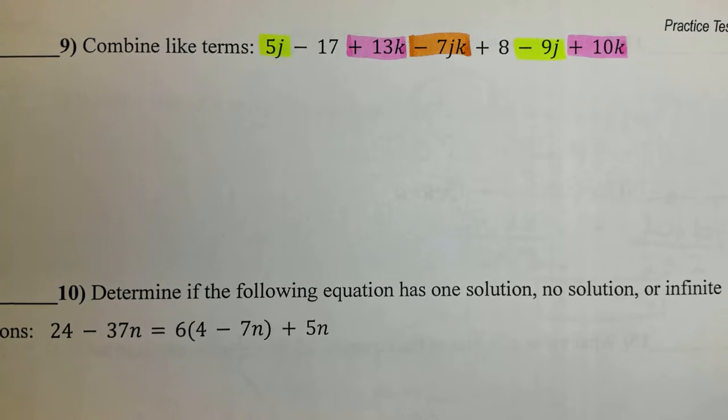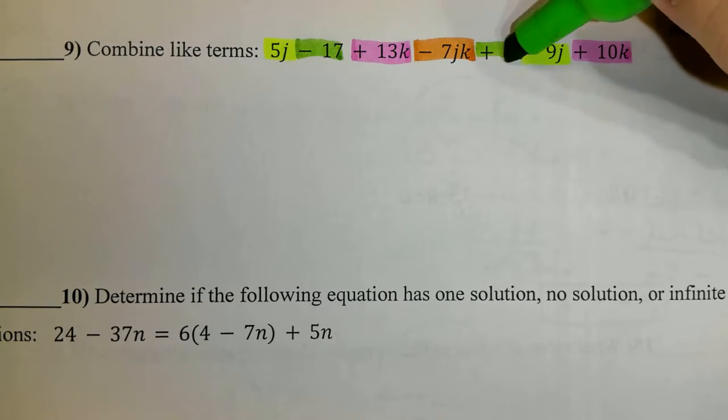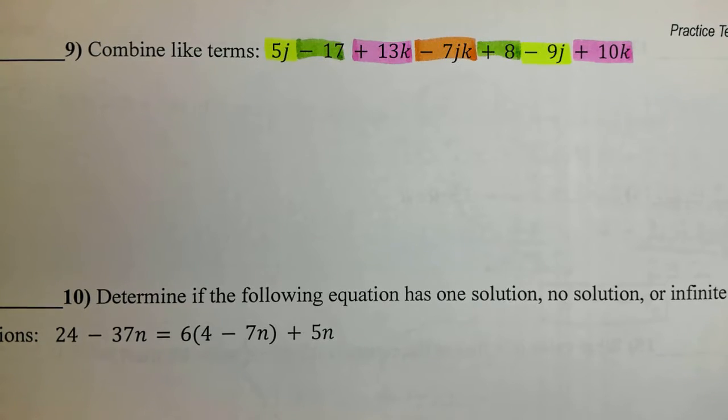So I have nothing to combine that with. I would simply rewrite that in my answer. And then my last thing, look, I have negative 17 plus 8, two numbers with no letters. Okay. So because those are all like terms, I'm going to simply add or subtract these, and then I'll have my answer, and then I'm done.